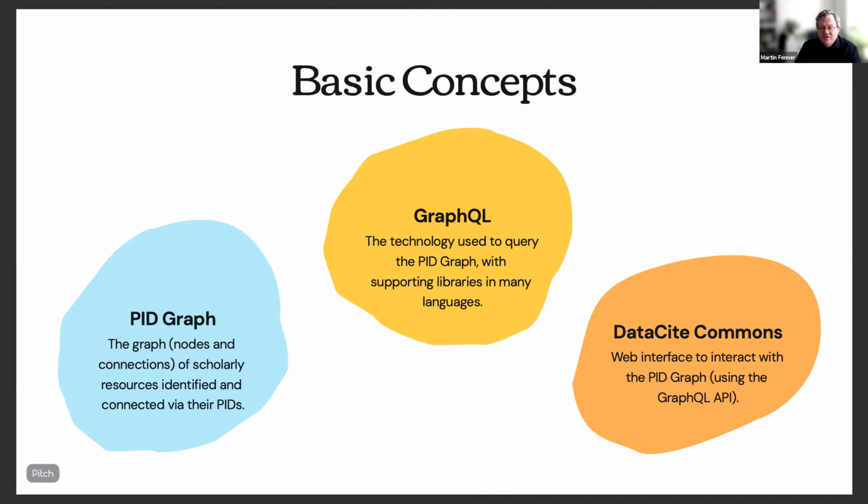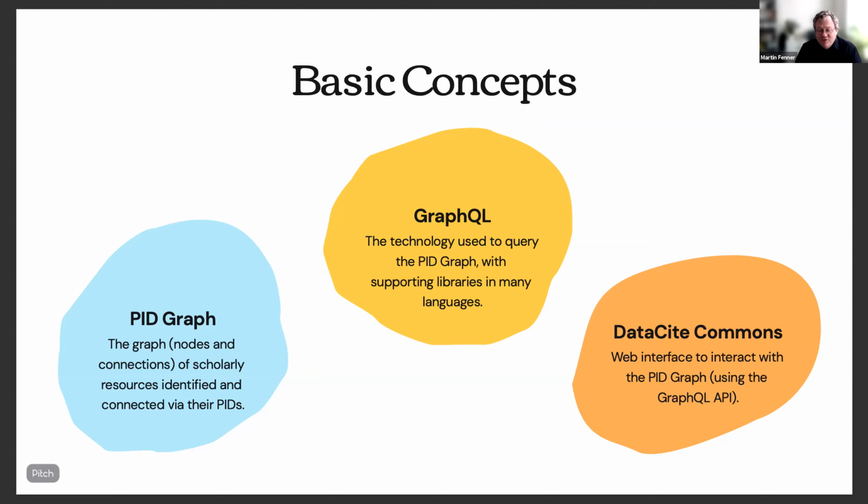This slide is a little bit of a repeat, like some other things I will say, of Simon's introduction. You will hear PID graph repeatedly, and I think I cannot really add anything to what Simon said. DataCite Commons is the web interface to search the PID graph, and the API that's powering this underneath is using a technology called GraphQL, and that's the DataCite GraphQL API.